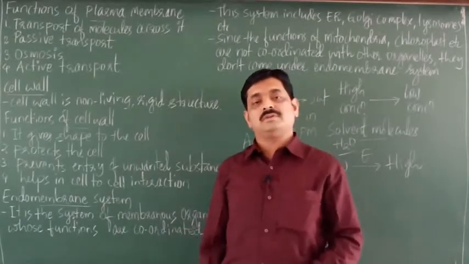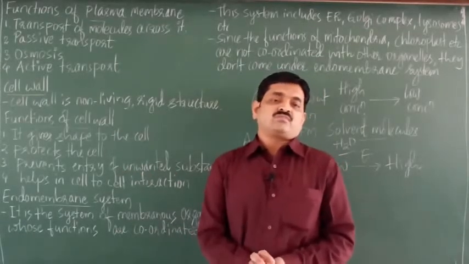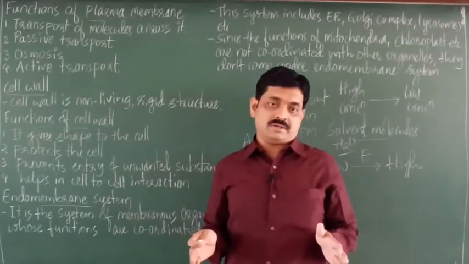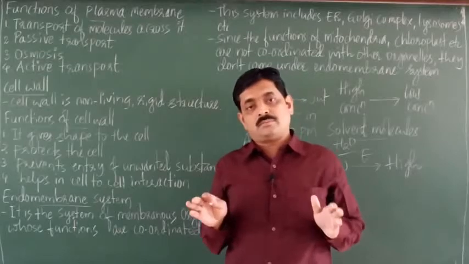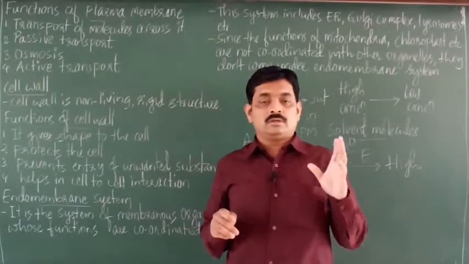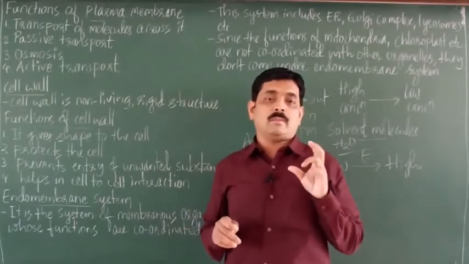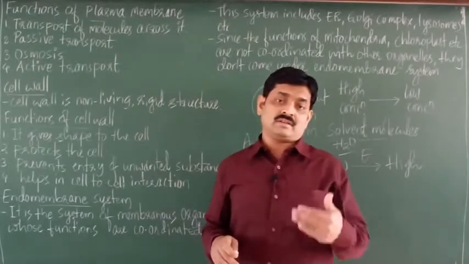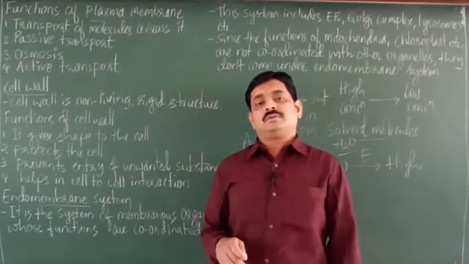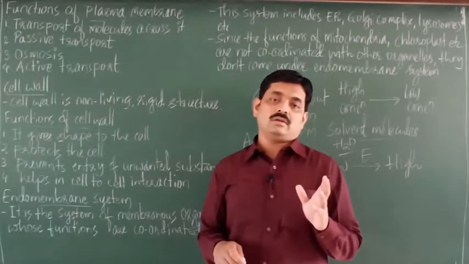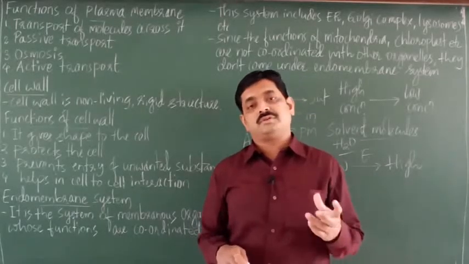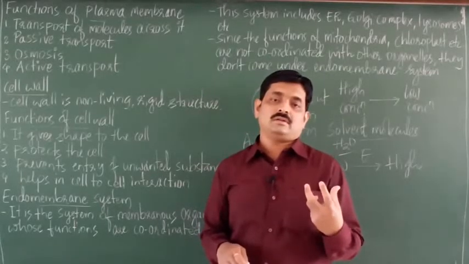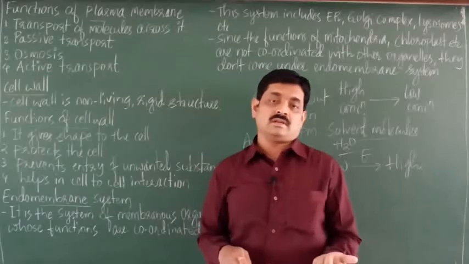That is one function. Then another function, since cell wall lies exterior to the plasma membrane, it gives protection. So plant cells get protection from the cell wall. That is another important function. Then cell wall prevents the entry of unwanted substances into the cell.